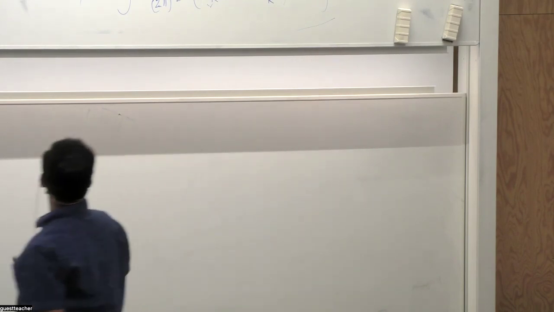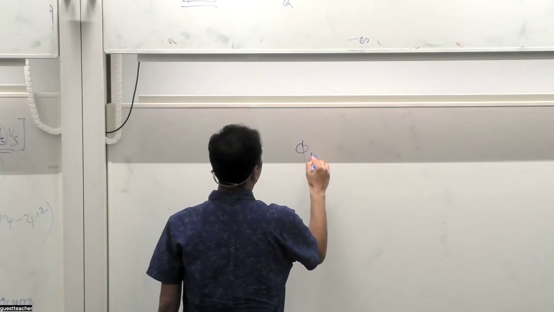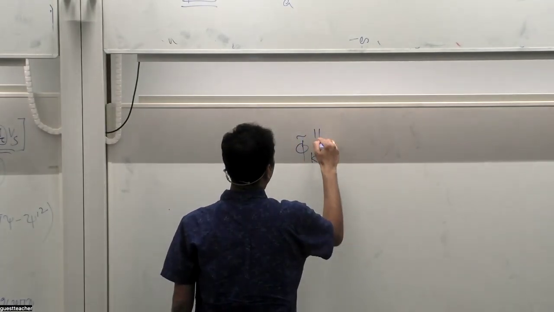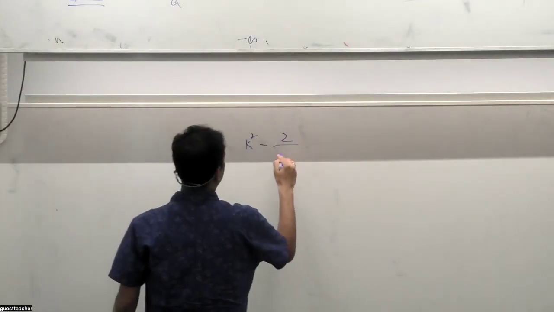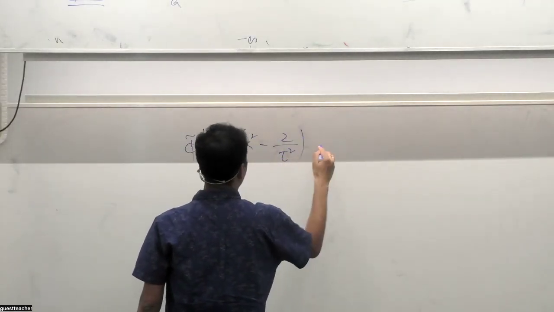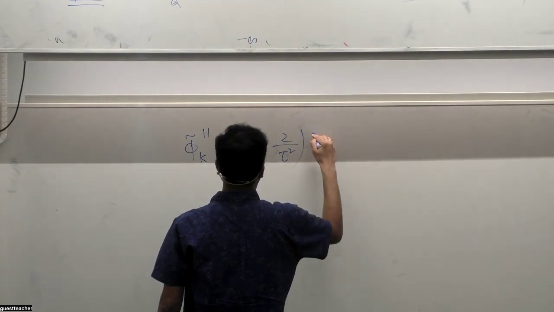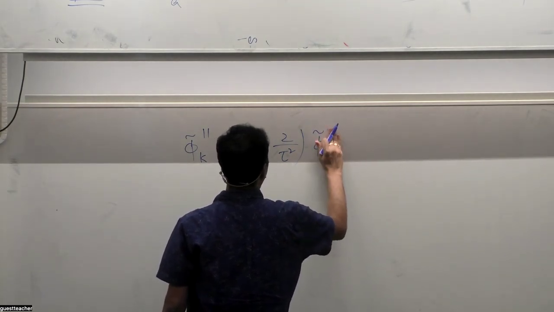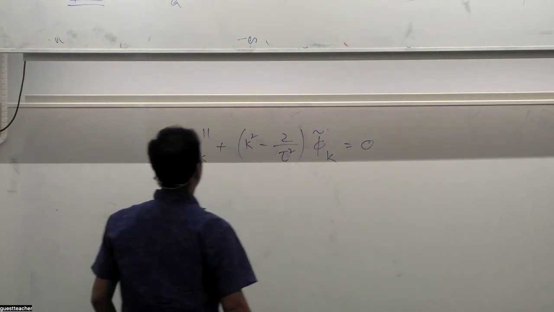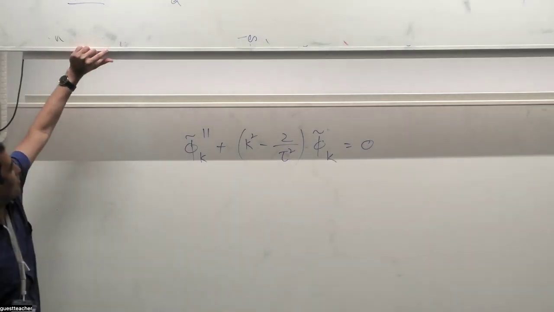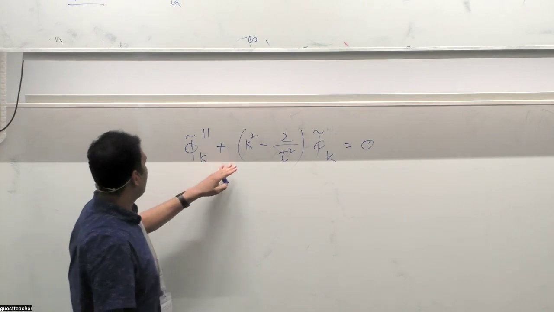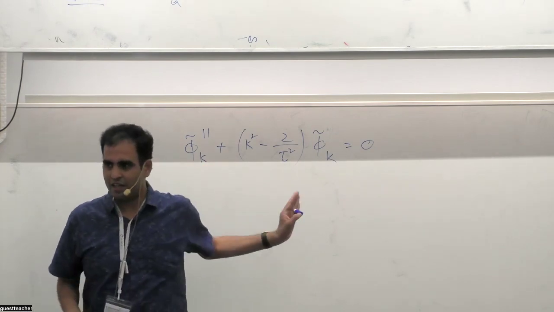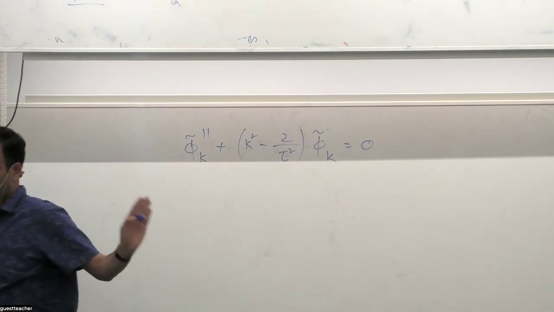Now, what is phi k? Phi k satisfies this equation. This is the famous Mukhanov-Sasaki equation, which you keep hearing in all the cosmology textbooks and papers. So everywhere it comes. So now, what do we understand from this equation before you attempt to solve it?